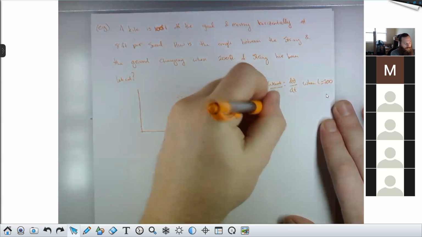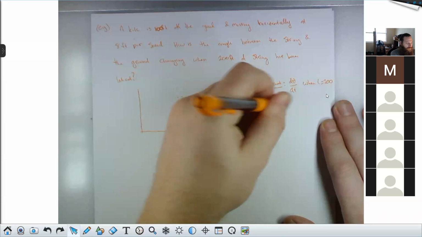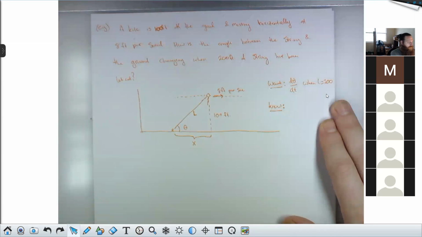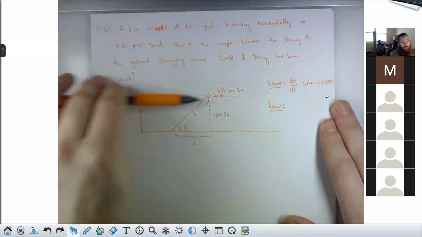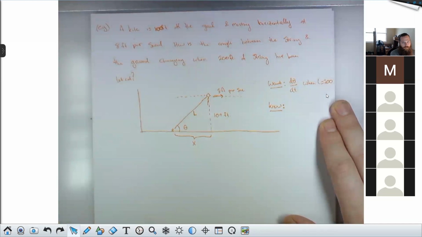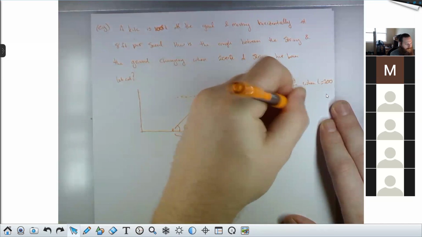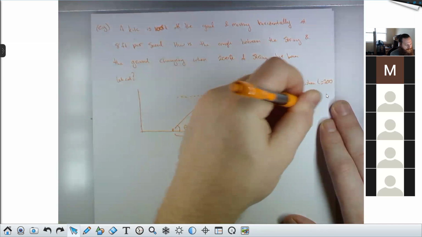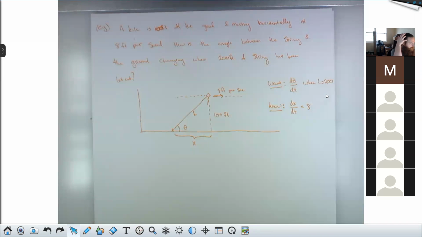What things do I know here? Well, if this distance is x, and the kite's flying this way at 8 feet per second, then I know dx dt is 8. And I think that's everything we should need.